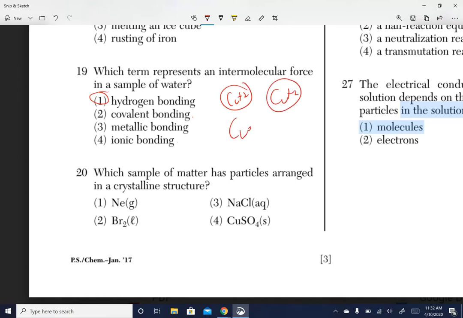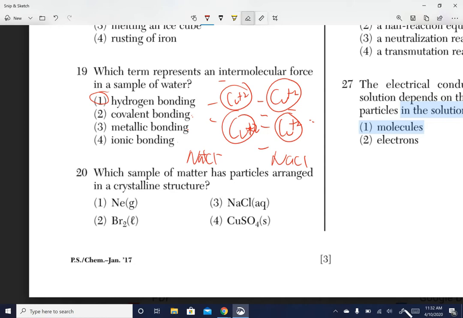These are the fixed metal cations, and then you have the sea of electrons around it, right? So that's metallic, and then ionic would be like salt, right? Na plus, Cl minus. They're attracted in a crystal structure, crystal lattice. So that's ionic. So those are all bonds. This is not a bond. It's a force of attraction.